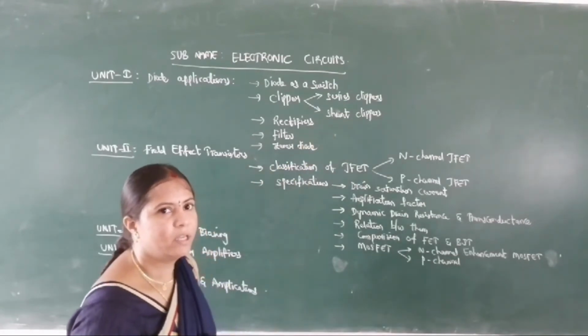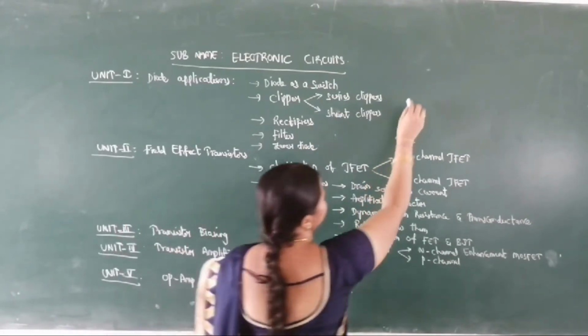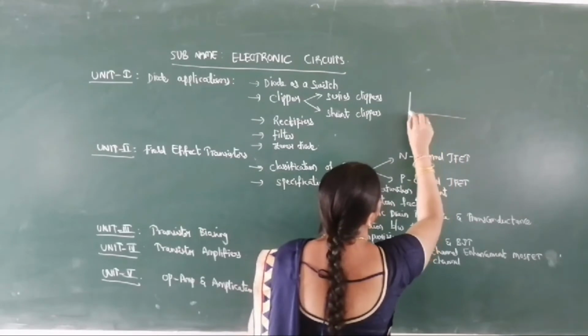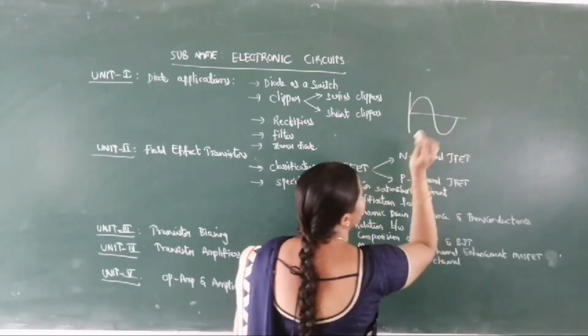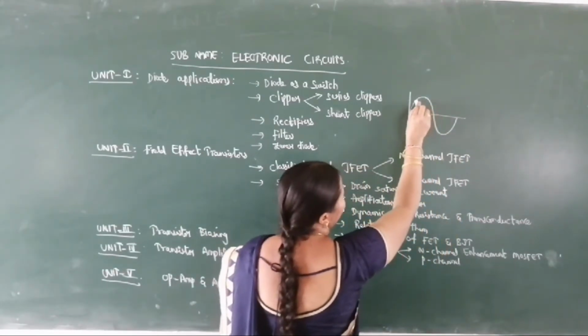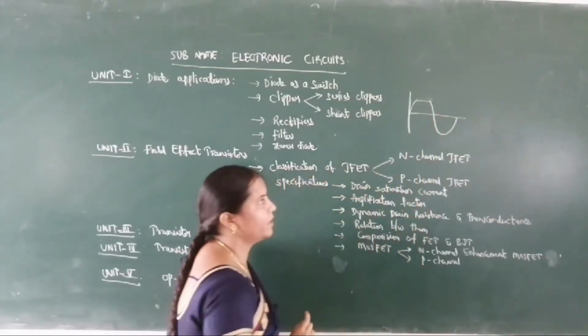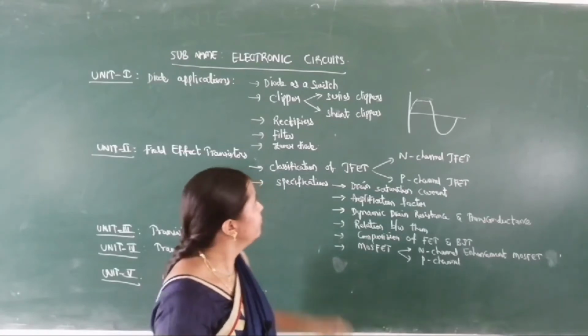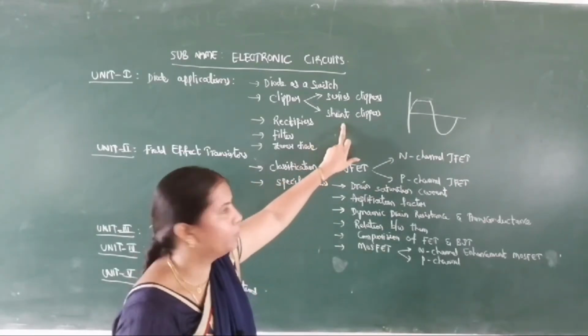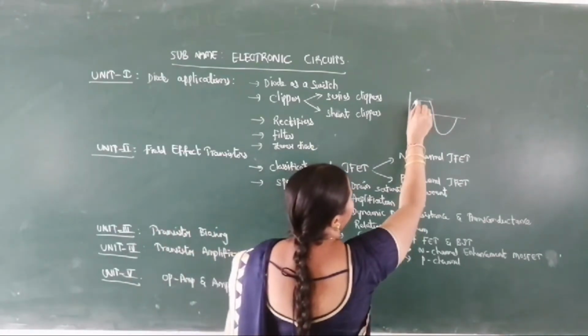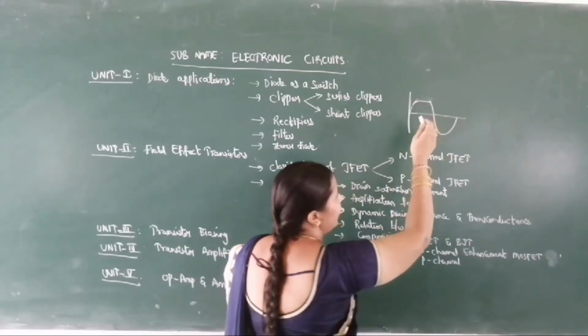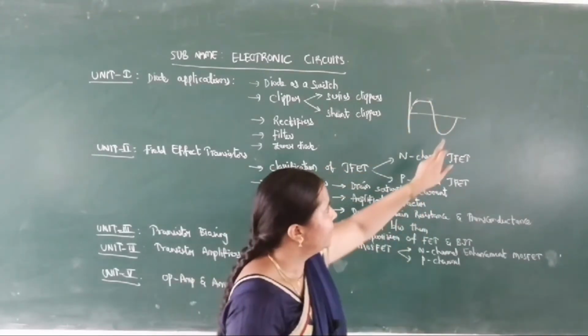Clipping means, suppose this is the waveform. If you want to cut some amount of portion of the waveform, we can use the clippers. If you want to cut some portion of the waveform, either the positive half cycle or the negative half cycle.